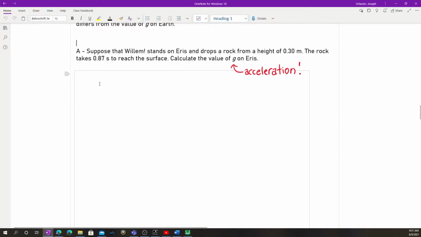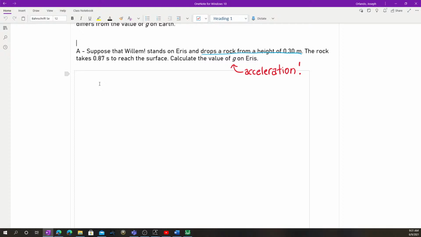So, let's take a look at how we would do that. Well, you remember your givens, so let's take a look at what we know in this case. We know that he's dropping a rock from a height of 0.3 meters, so we can say the distance traveled is 0.30 meters.